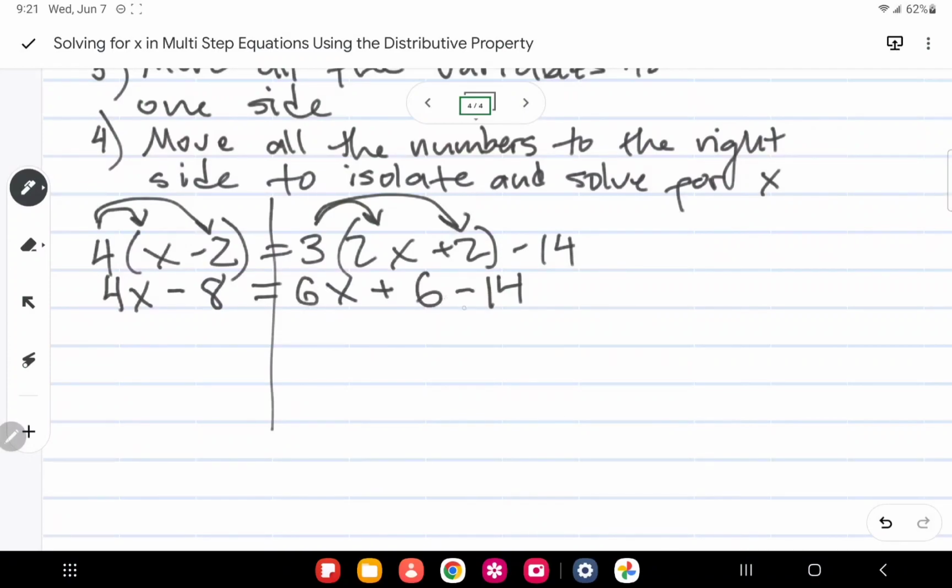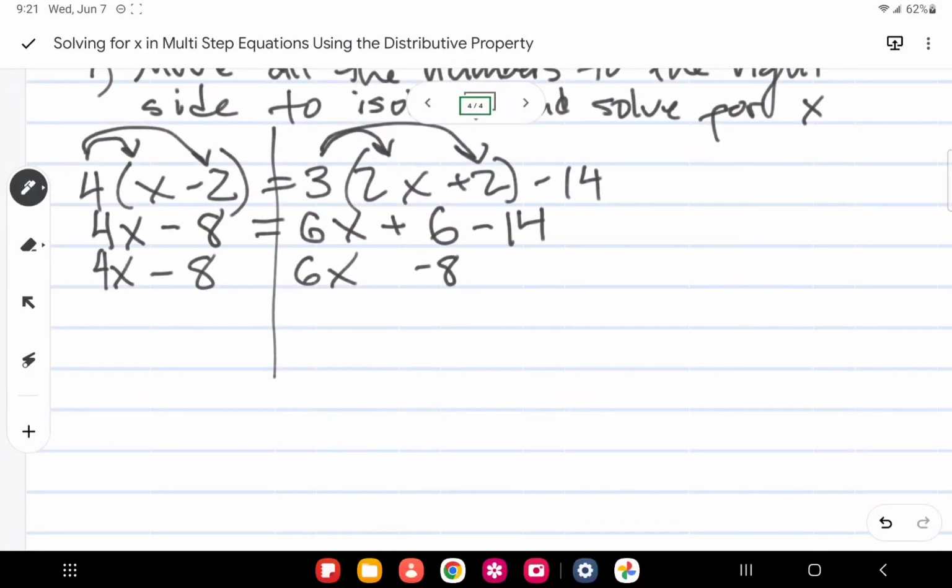The answer is no. On the right side, with the numbers, plus 6 and negative 14 can be combined to get 6 minus 14, which is negative 8, and we will just bring down everything else that we did not use in the operation. So now we have 4x minus 8 equals 6x minus 8.